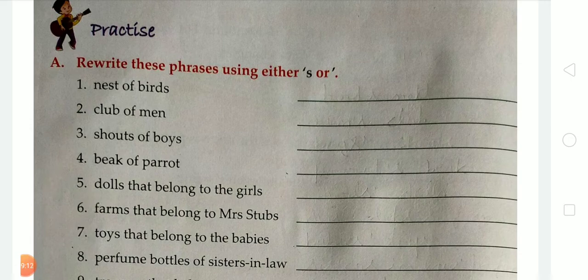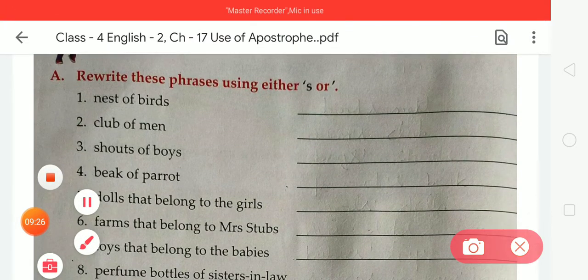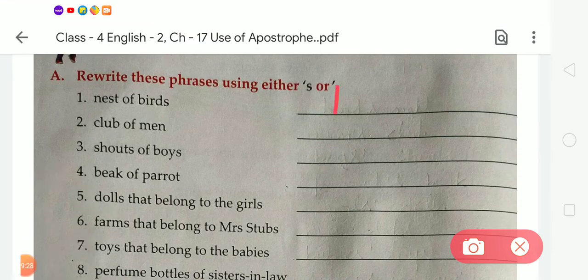So in 1 we have to write bird's nest. Okay, bird's nest. So we have to write bird apostrophe s, bird's nest.